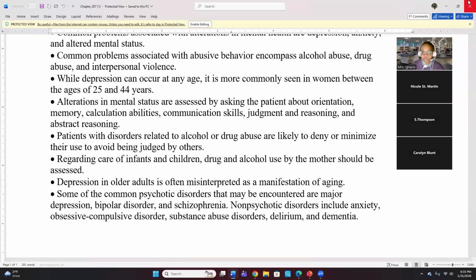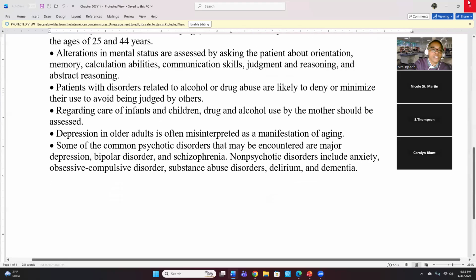I love what Shamik said, they may look disheveled. When you have a depressed patient, they may not even be able to perform basic hygiene, and that's something you have to think about. They may not be able to answer your questions, so it will be very difficult for them if you give them choices. So you want to communicate with them in a therapeutic way, providing clear, concise information and direction.